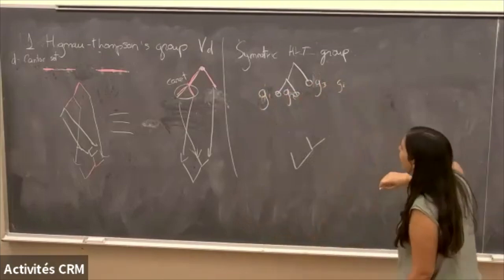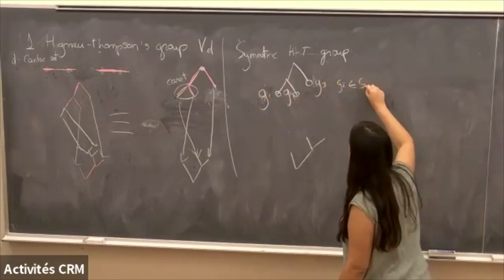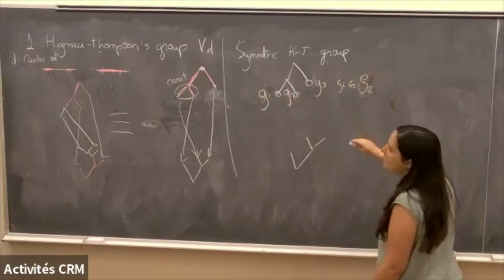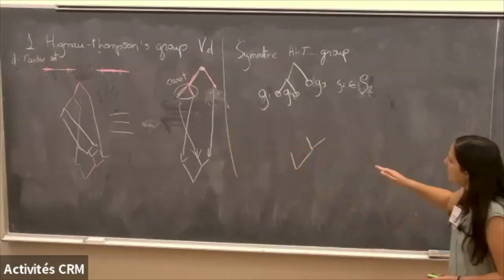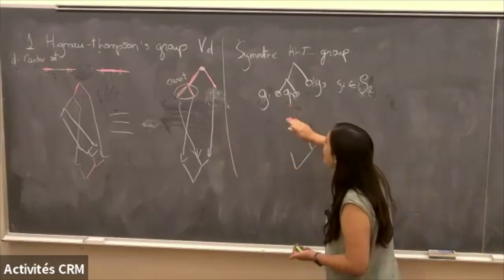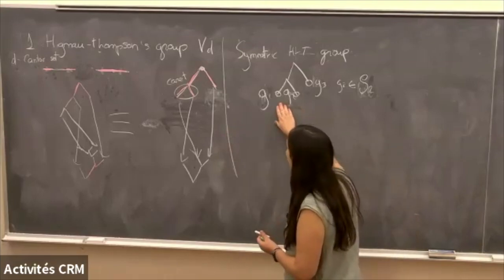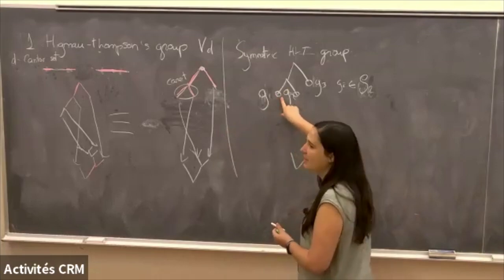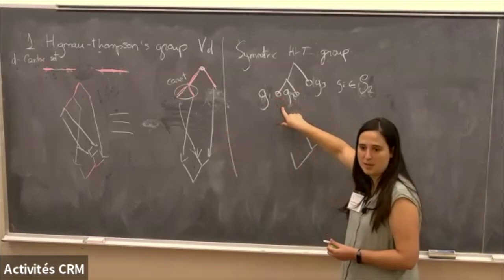It's just that these labels are in the symmetric group, of two elements or in general. So what these labels tell me is that when I want to add a caret here, I have to apply the permutation that the label is indicating.